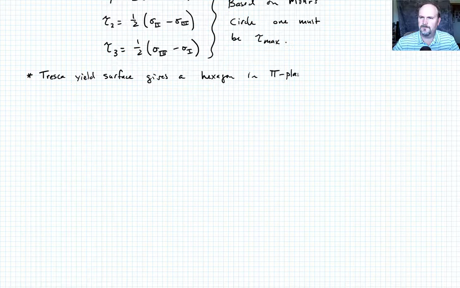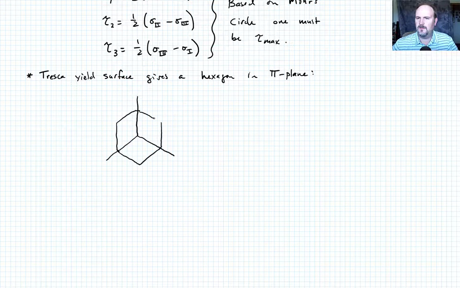Okay? Remember, the pi plane is the octahedral plane that goes through the origin. Okay, so let's go ahead and try to draw that. There. Okay, so there's a hexagon in there. We would have these as our stress axes, sigma 1, sigma 2, sigma 3. We're looking down on the plane now.